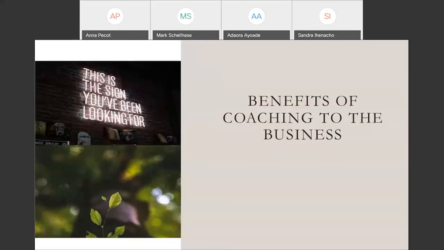So what they did was they used external coaches for their top management. Then they trained people within the business to become internal coaches. And then they also trained some of their managers and leaders on how to use coaching skills so they could have better conversations. And what they found was that employee engagement across the enterprise increased by 20%.